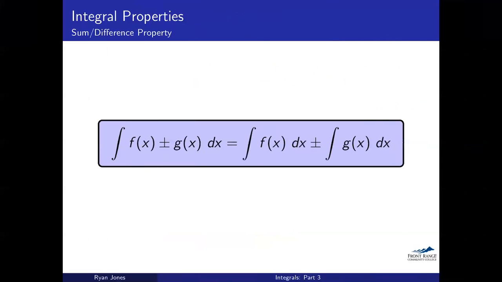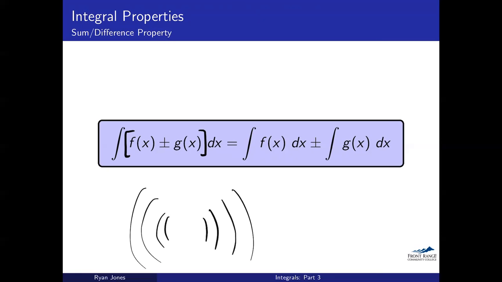And let's look at the sum and difference property. What I probably should have written here is parentheses around that. Instead of parentheses, you might occasionally see brackets written here. They mean the same thing as parentheses in this case, but they look a little nicer, avoiding multiple parentheses stacking on top of each other.